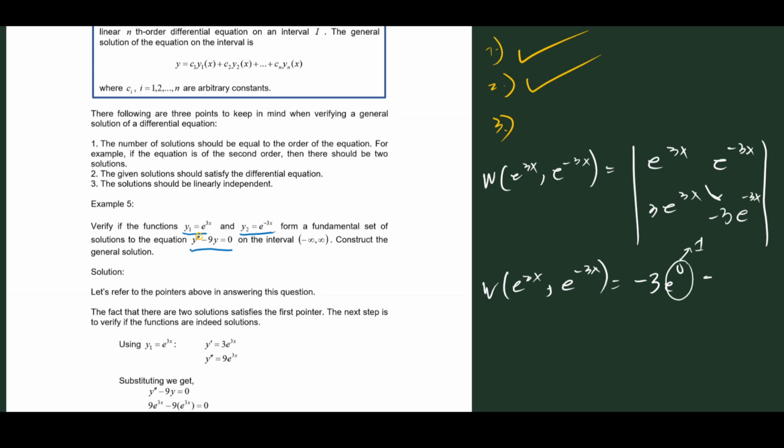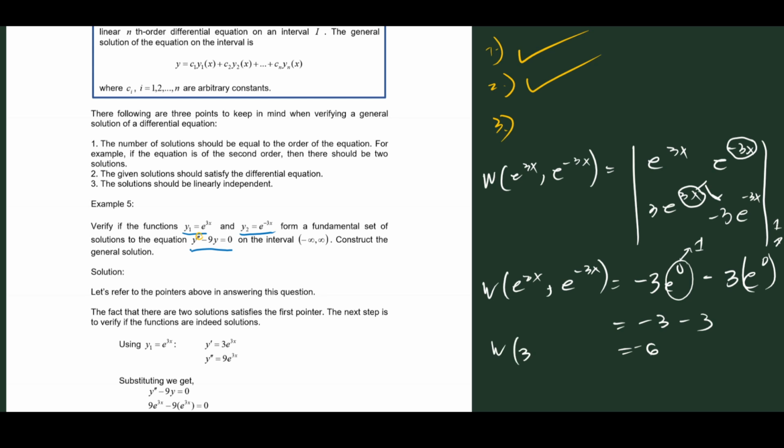And then we have minus 3 multiplied by e raised to 0 again, right? Because the same thing happens, you add 3x to negative 3x, from the law of exponents, and this will be 1 also. So therefore, we will get negative 3 minus 3. Therefore, we will get negative 6.